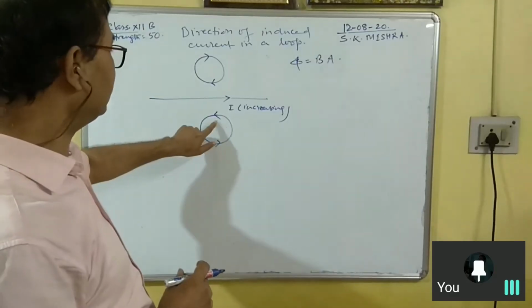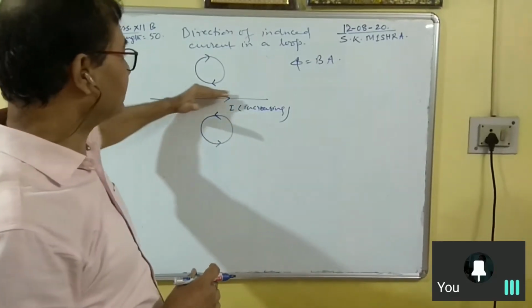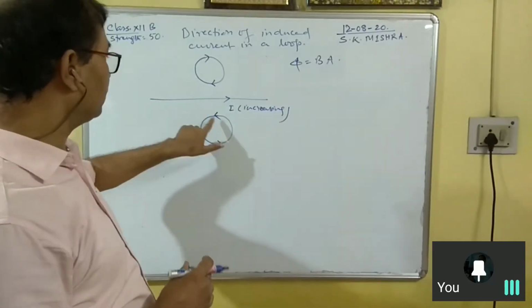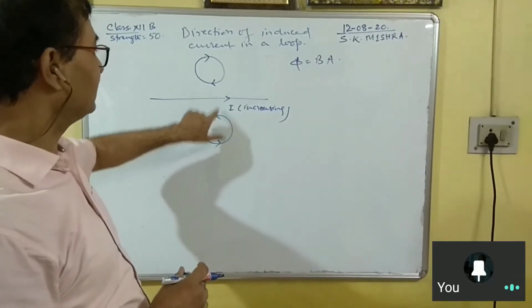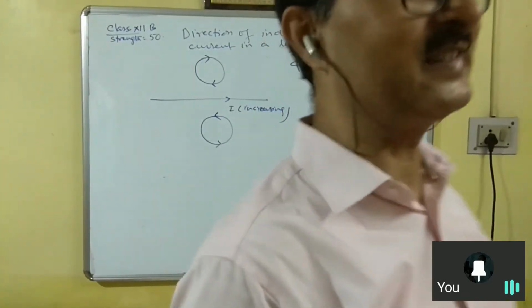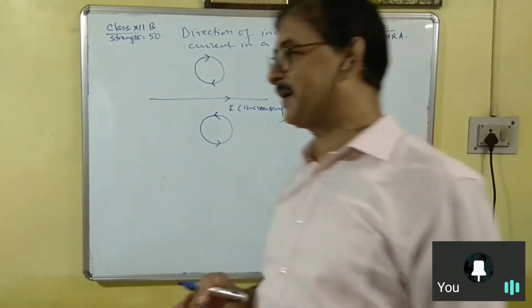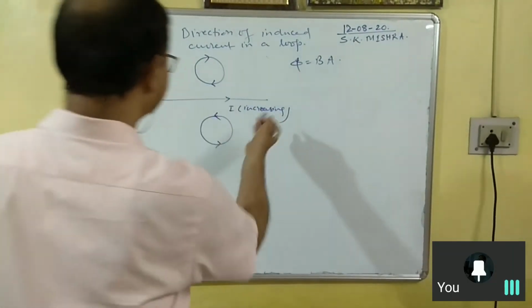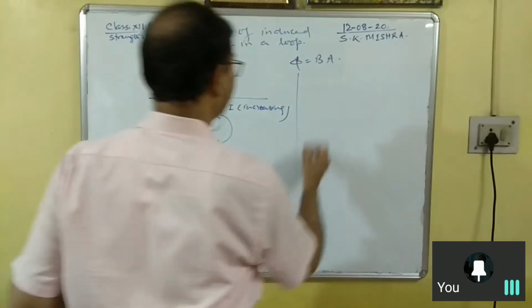Here you will see the current in the wire is from left to right, so the current in a circular loop is such that this direction will oppose this current. Actually, current will not oppose the current, but just to keep it in your mind, just to do it quickly.